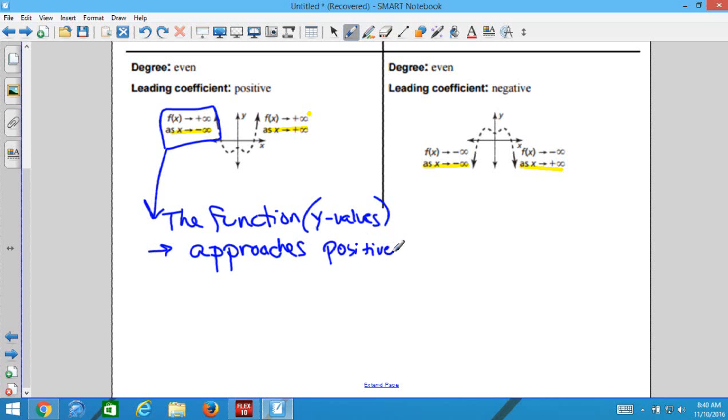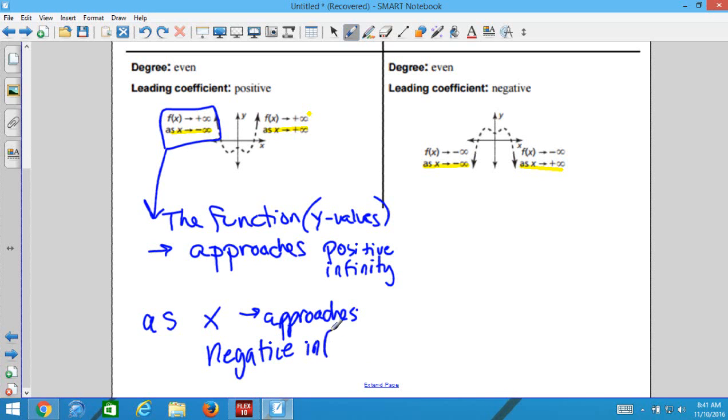I figure you guys knew that already. And then as x, and then again the arrow means approaches, negative infinity. So the arrow means approaches, goes towards, gets closer to. So reading that out loud, we say f of x approaches positive infinity as x approaches negative infinity. But again, f of x just means y.